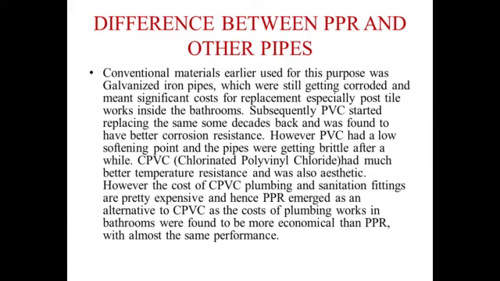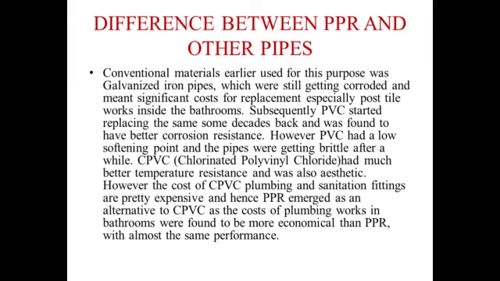Next, difference between PPR and other pipes. The conventional material used for this purpose was galvanized iron pipes, which still got corroded and meant significant cost for replacement, especially after tile works inside the bathroom. Subsequently, PVC started replacing them some decades back and was found to have better corrosion resistance. However, PVC had a low softening point and the pipes were getting brittle after a while.